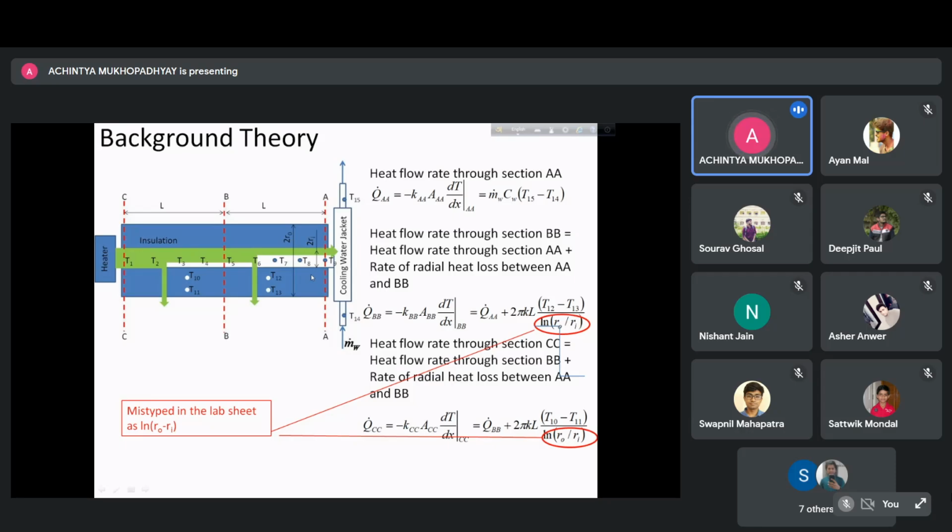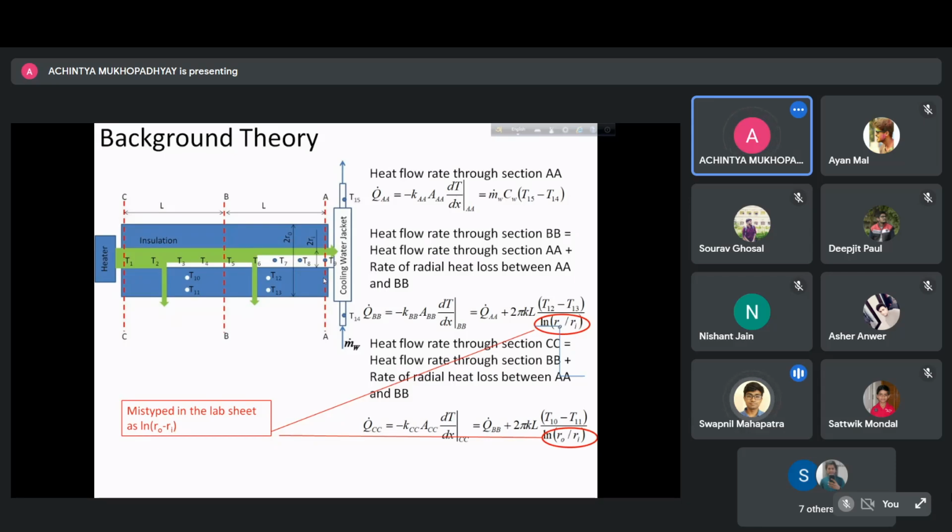So that's why we are assuming that the temperature field in the entire region between sections AA and section BB can be represented by the temperatures T12 and T13. That means T12 represents the radial temperature over the entire location from section BB to section AA.